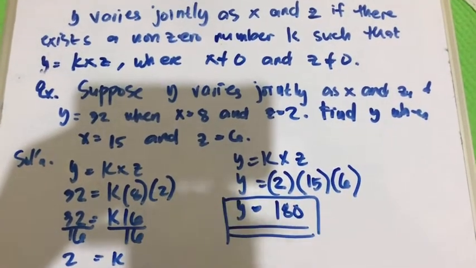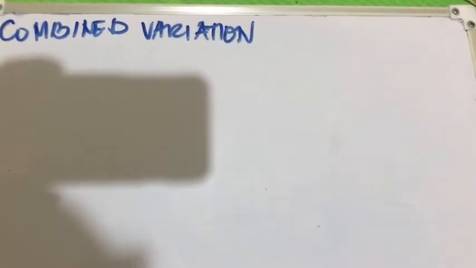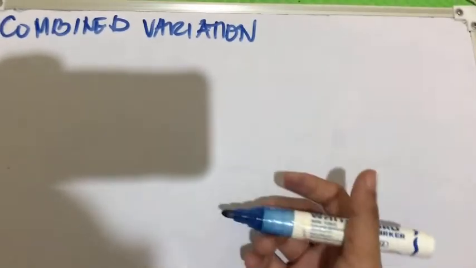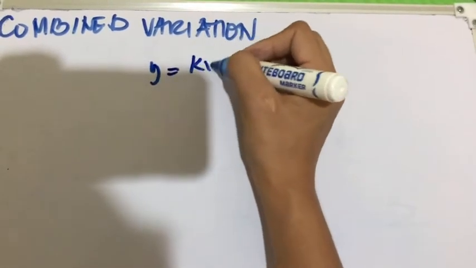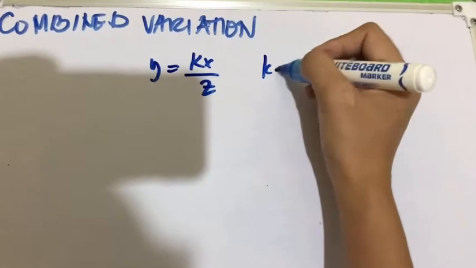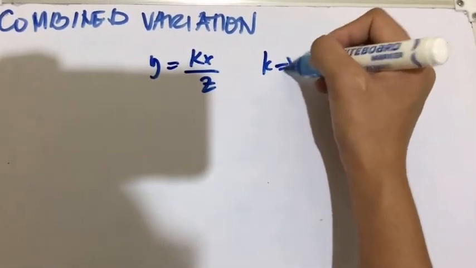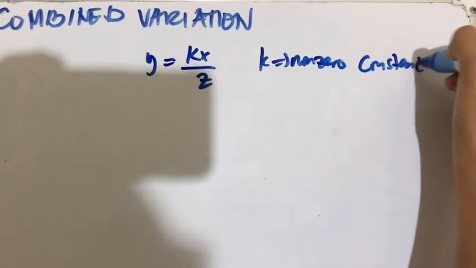We're down to the last topic for variations. We have combined variation. Combined variation is modeled with the equation of the form y is equal to kx over z, where k is a non-zero constant.